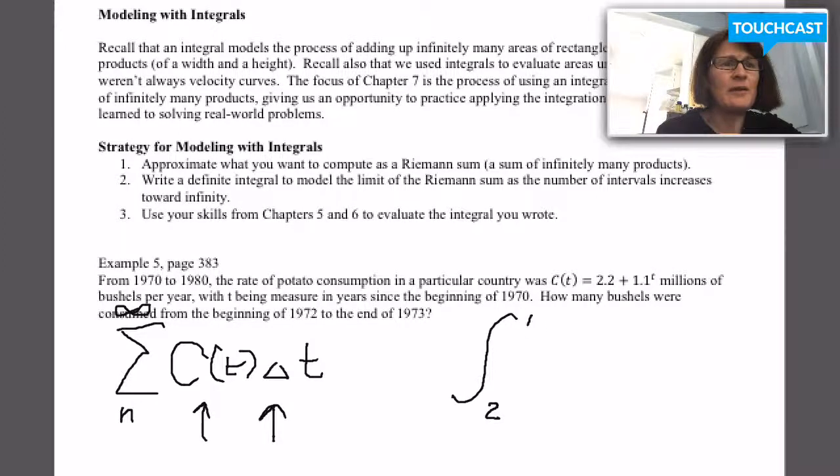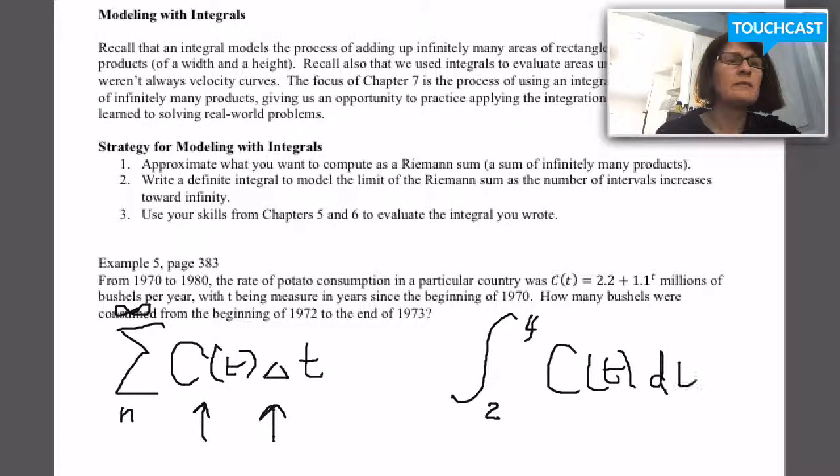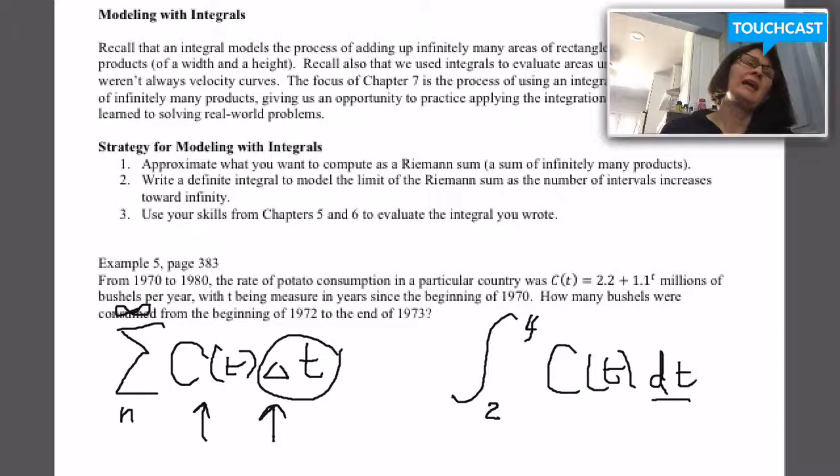That's going to be time 4, because the end of 73 and the beginning of 74 happen at the same moment. And we're going to integrate C of t dt. Because this is a small change in the time interval, dt is an infinitely small change in the time interval as you let the number of time intervals go to infinity.